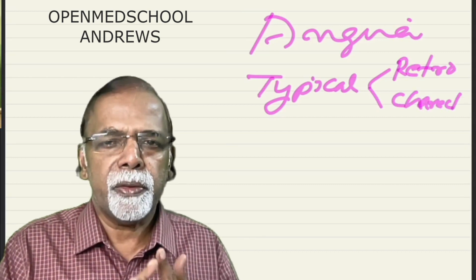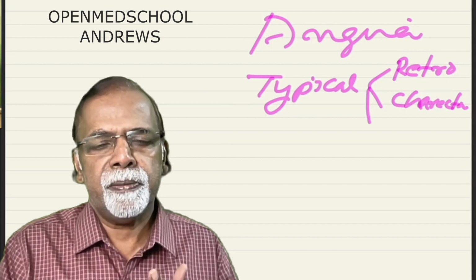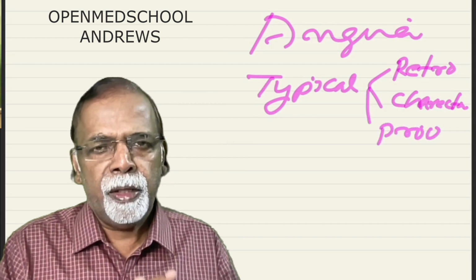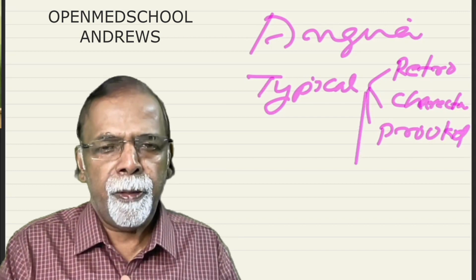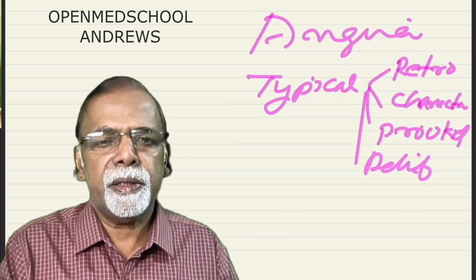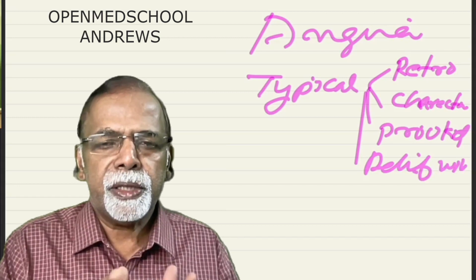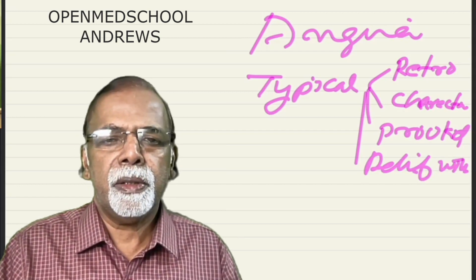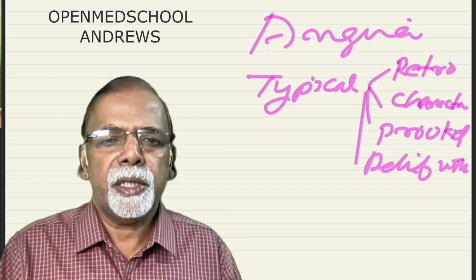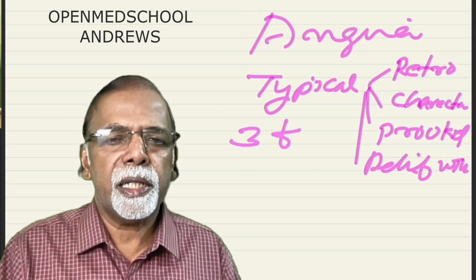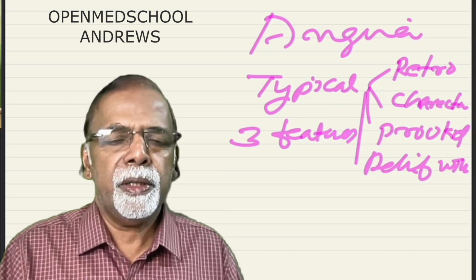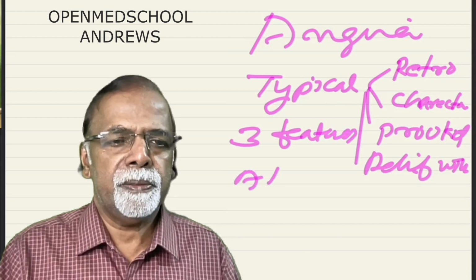And third, it is relieved on rest or nitrates within minutes. This is called typical angina. If two are there, it is called atypical angina. And if no features are there, it is called non-anginal chest pain. Typical angina has a very high likelihood of coronary heart disease.